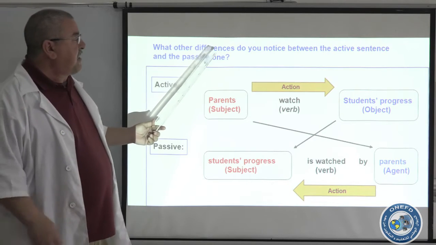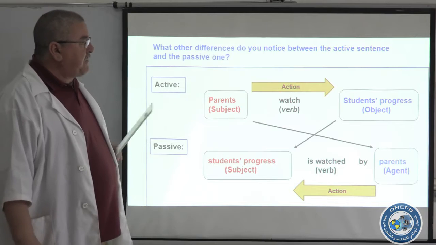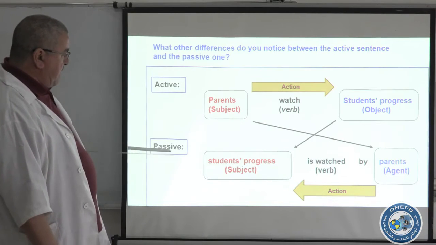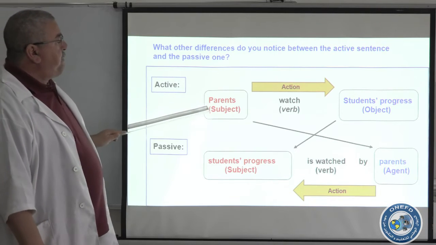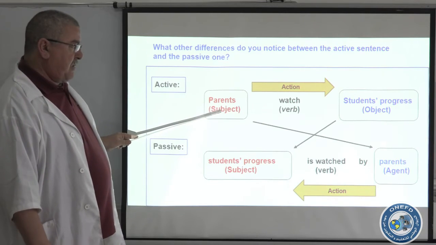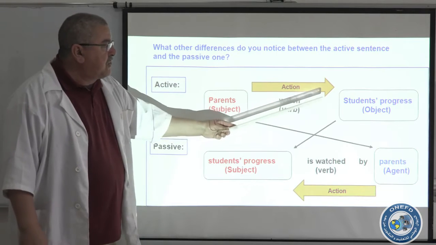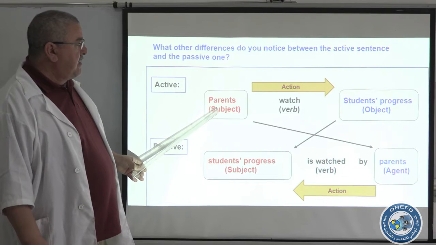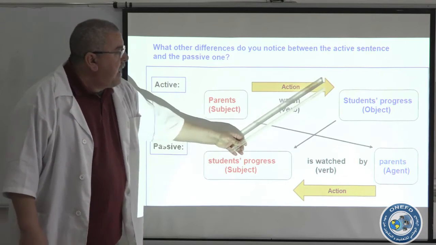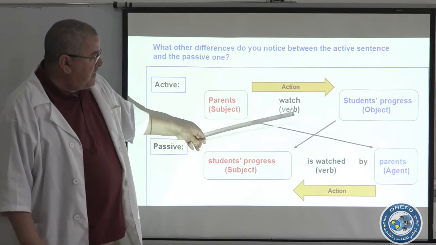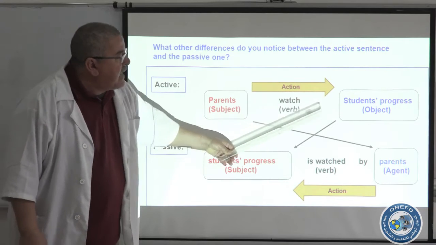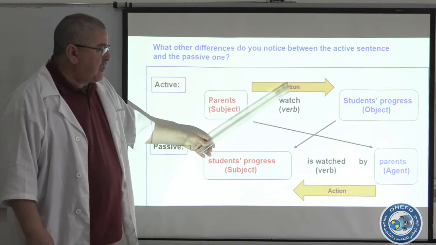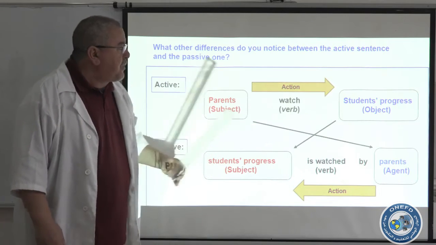What differences do you notice between the active sentence and the passive sentence? Parents, which is the subject, watch students' progress, which is the object. So we have a subject, a verb, which shows the action, and an object. Parents watch, the action is watch, students' progress.